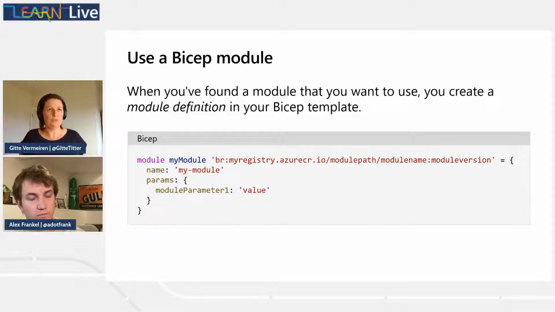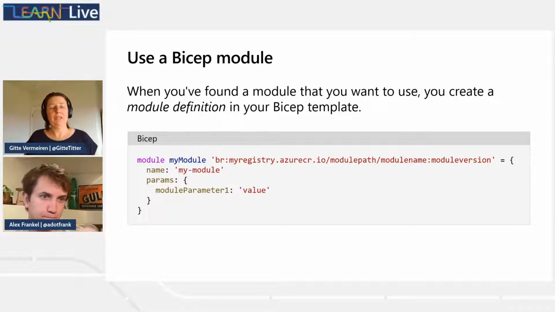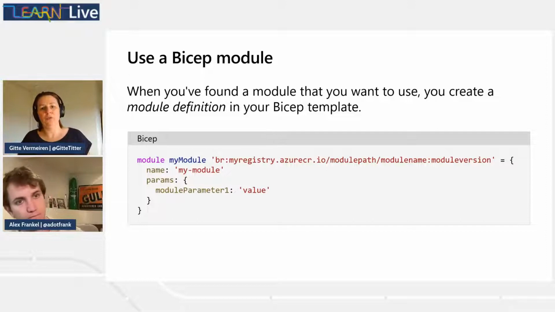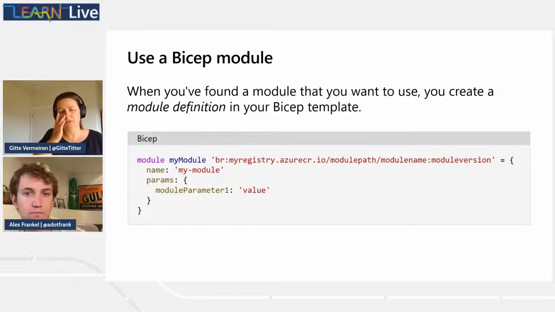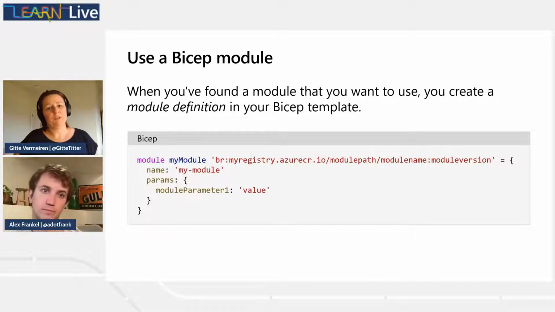So nothing new there. Using it is like what you know of using a regular module: you give the module a name and you pass the parameters to the module. And you already had parameters in that storage module that you've shown in the demo. So probably when we start using it, we'll also start setting parameters to that one, right?